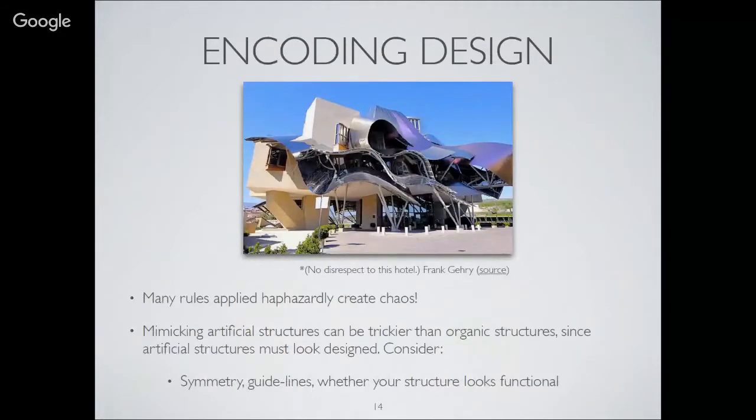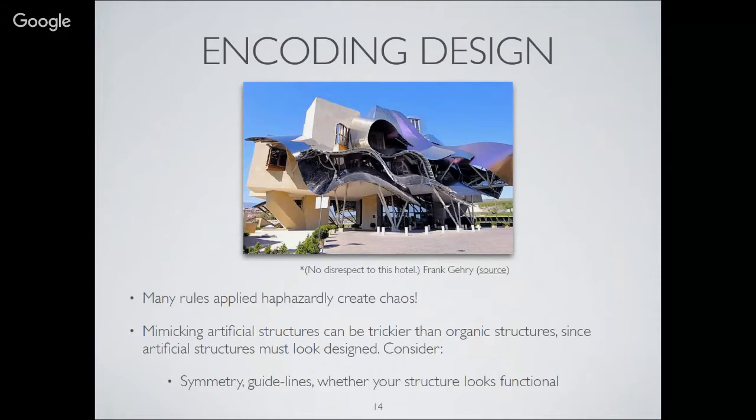Another tricky thing to think about, and I'm really going to hand wave a little here, is that when you're trying to generate buildings, unlike with generating wildlife, say plants, things that are supposed to look organic, you do want to mimic some sense of design. Now, don't let me tell you how to live.